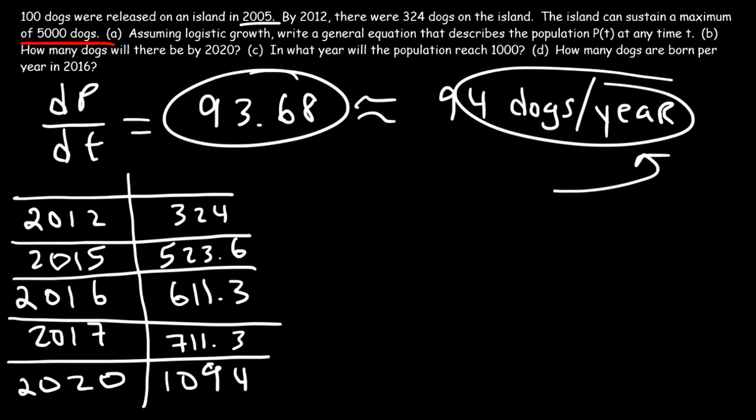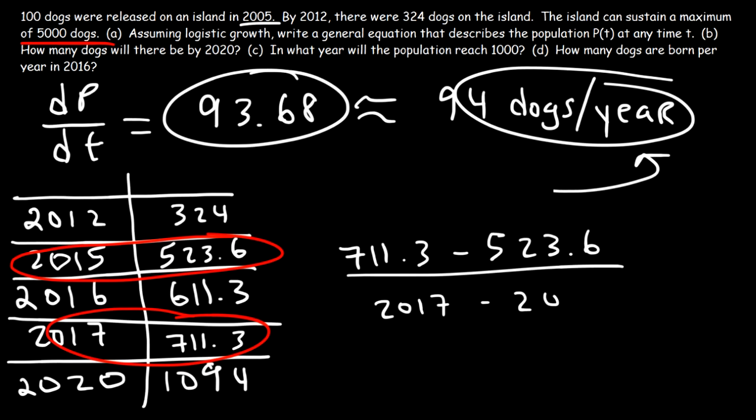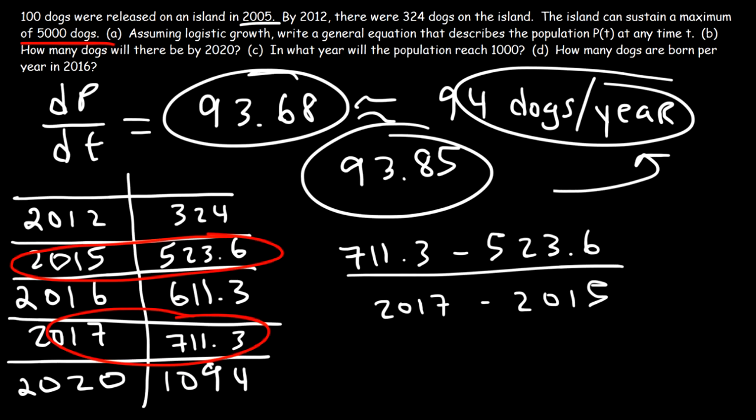So now if we calculate the average rate of change between these 2 points, it's going to be 711.3 minus 523.6 divided by 2017 minus 2015. 711.3 minus 523.6, that's 187.7 divided by 2. That will give you an average rate of change of 93.85, which is very close to 93.68. And so that's how you can approximate the rate of change of the population with respect to time.